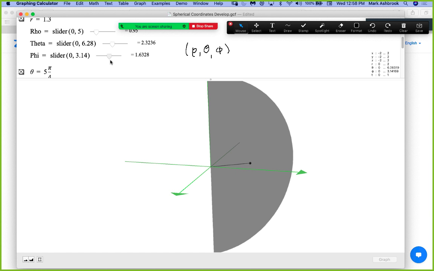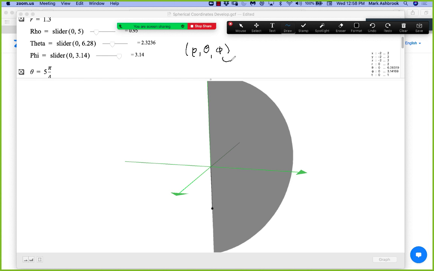It's not positive to the right and negative to the left, because it can be in any direction theta, and that value will always be between 0, and then at the xy plane it's pi over 2, and then down to pi is the negative z-axis. So phi is this new thing that we've not seen before, and phi ranges from 0 to pi.